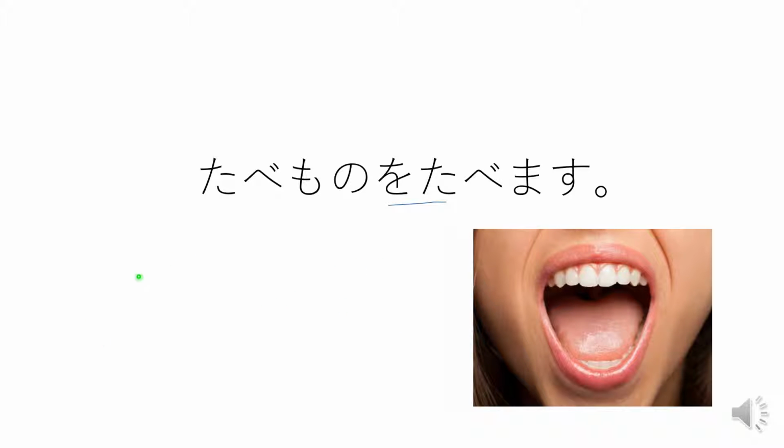So basically this o is implying a direct action to a noun. So the noun in this instance is 食べ物 or food, and the verb is 食べます. So we ate the food. We directly acted upon the food. We actually did something to the food. So 食べ物を食べます. Okay.